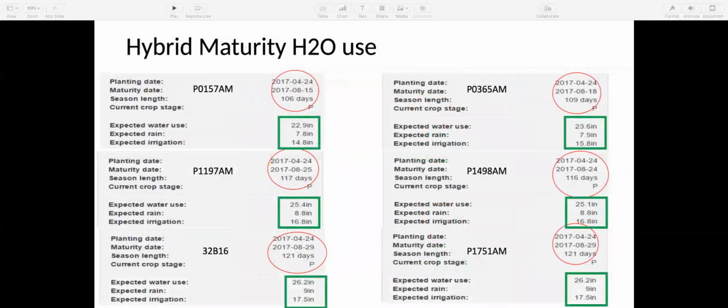And then finally, looking at different maturity dates, and looking at a short season versus a long season. Obviously the shorter season plants are going to use less water because they're out there less. They're not out there as long. This coupled with some planting dates, we can really do some pretty fantastic things and shave some water off of that plant's needs. And so, there's lots of different strategies going forward, trying to grow corn in this area.